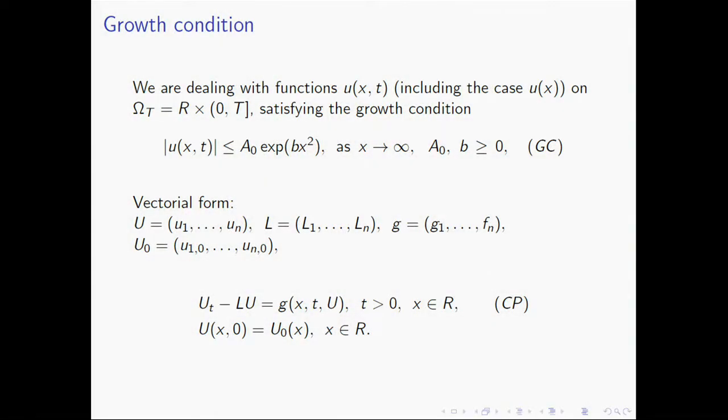We put the system in vectorial form using this equation. So we have a system like this, where G is the source term.